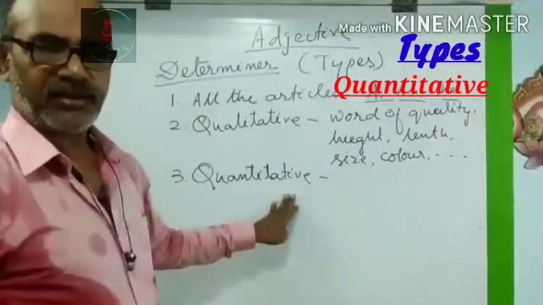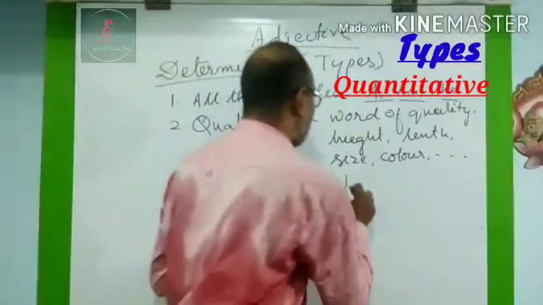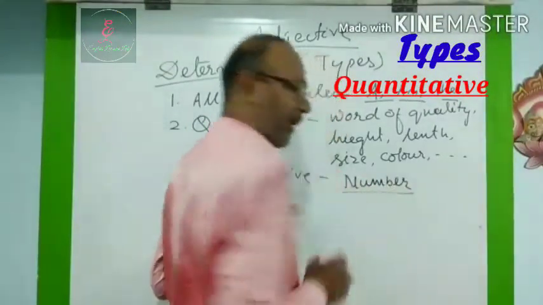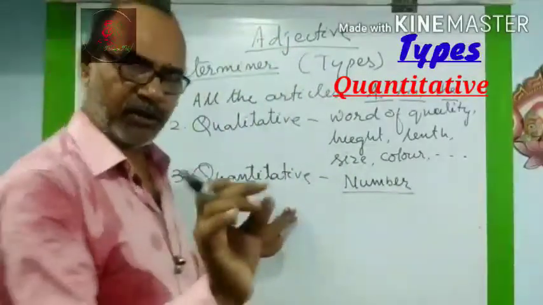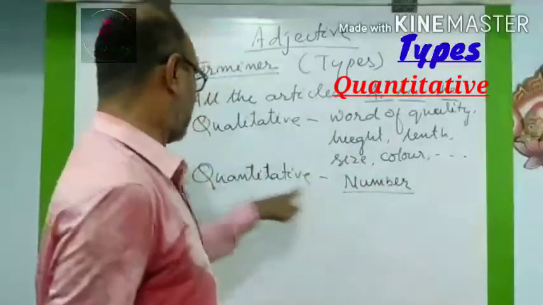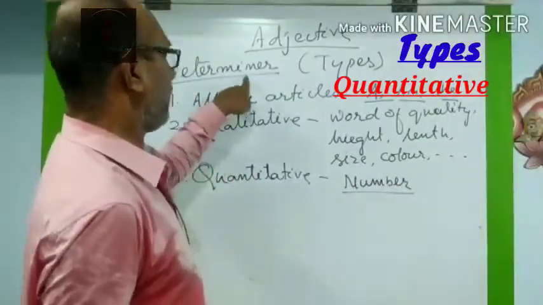So any quantity, that means any number, any word of number, if used before any noun, will be known as a quantitative determiner.